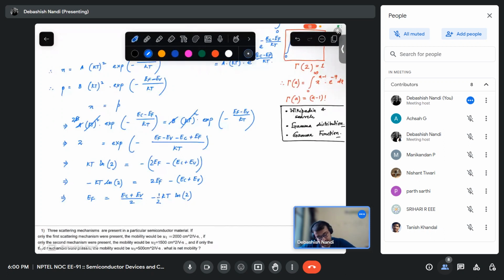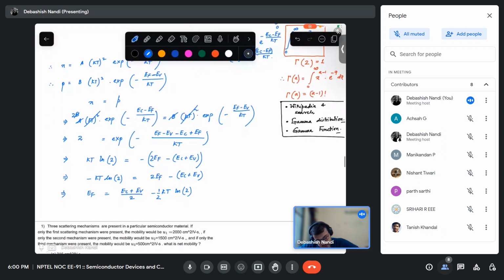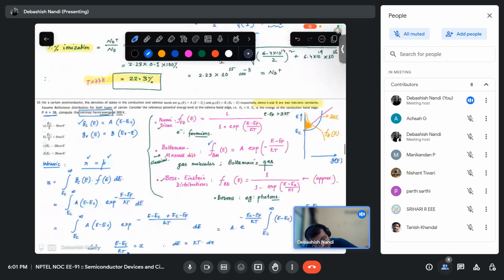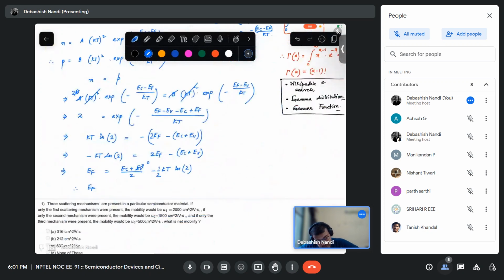Fine. If you compute, some other information is given that assume Ev equal to 0. So this term will also be 0. So you will see Ec by 2 minus half into 0.026 into ln2.